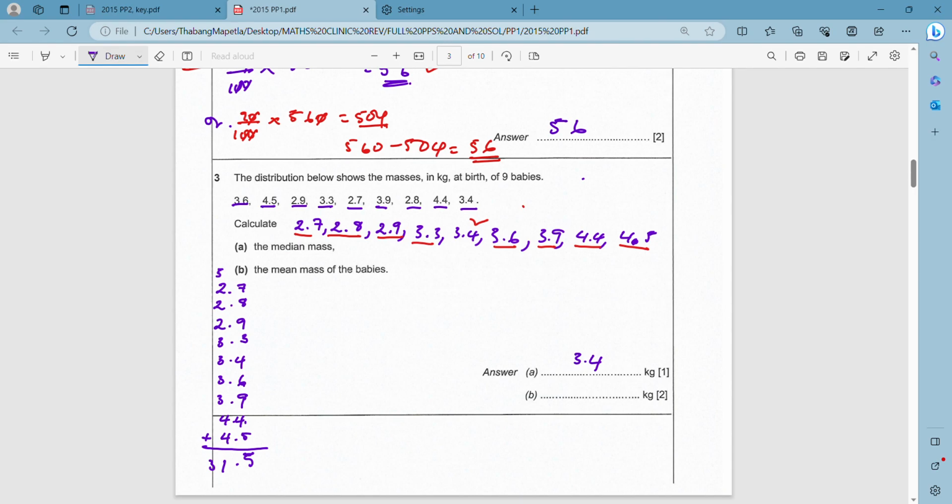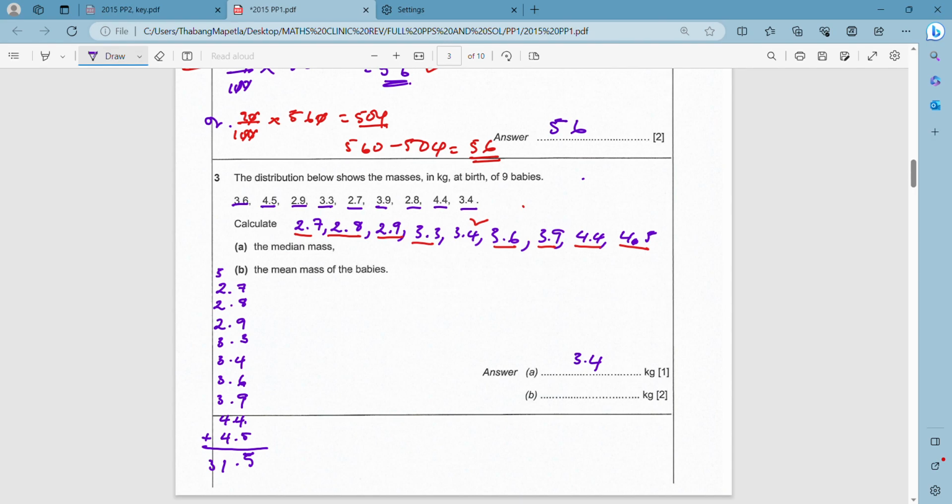So 2.7 plus 2.8 plus 2.9 plus 3.3 plus 3.4 plus 3.6 plus 3.9 plus 4.4 plus 4.5. Yeah, it's 31.5. So now we have gotten our 31.5. Our 31.5 is the total mass of all our babies.